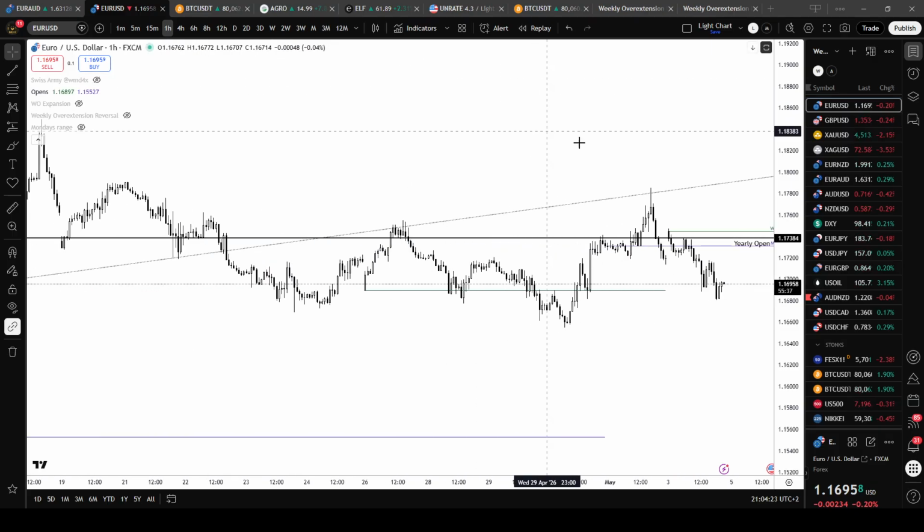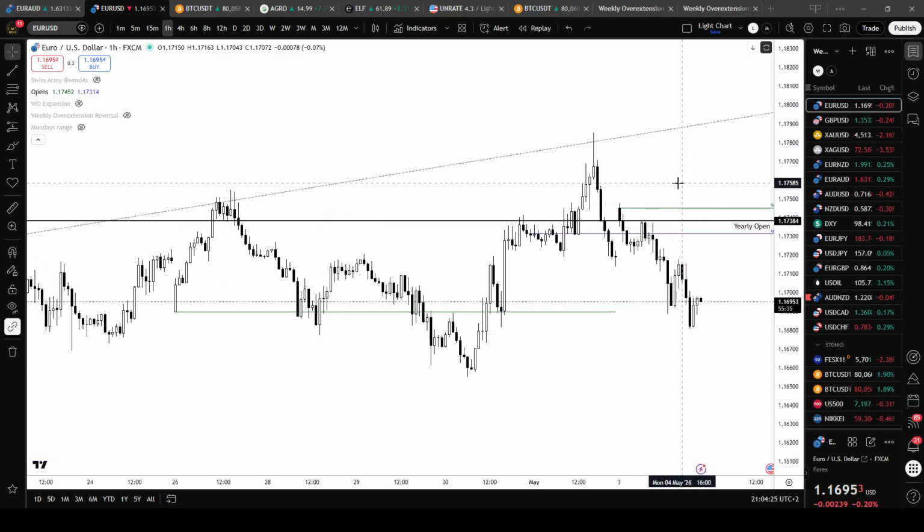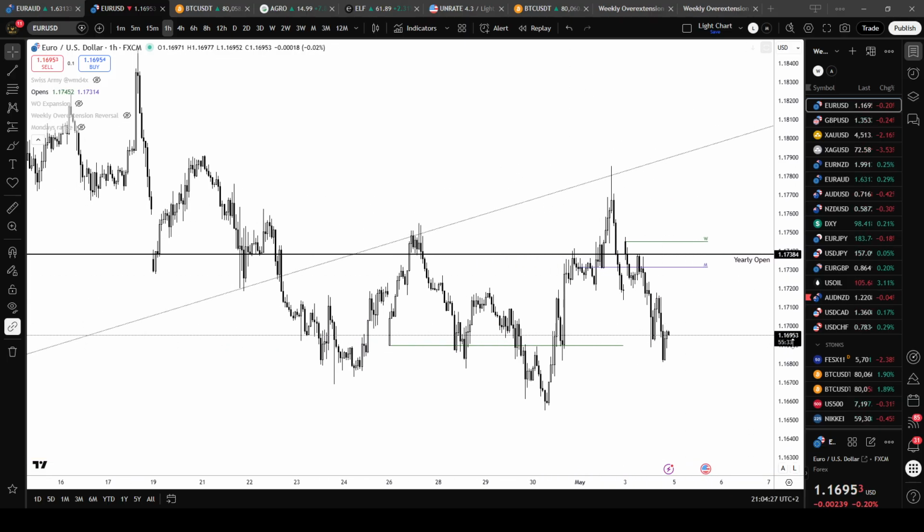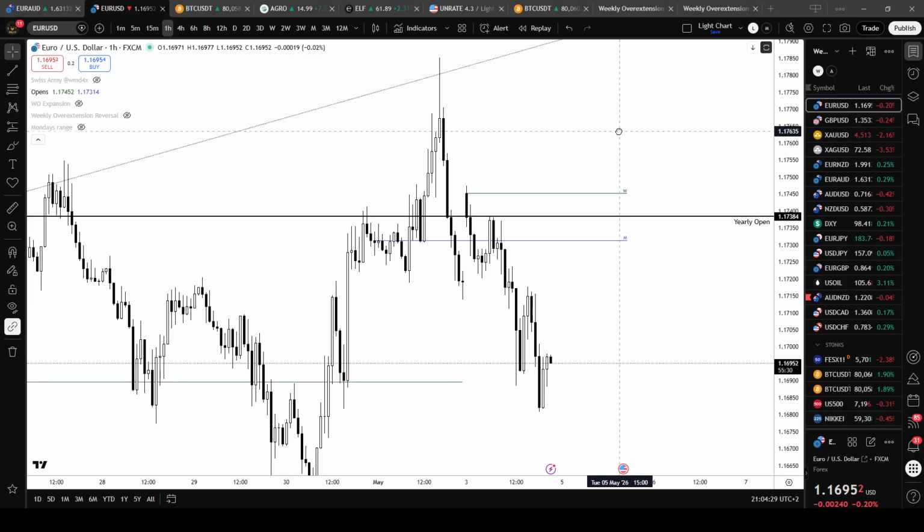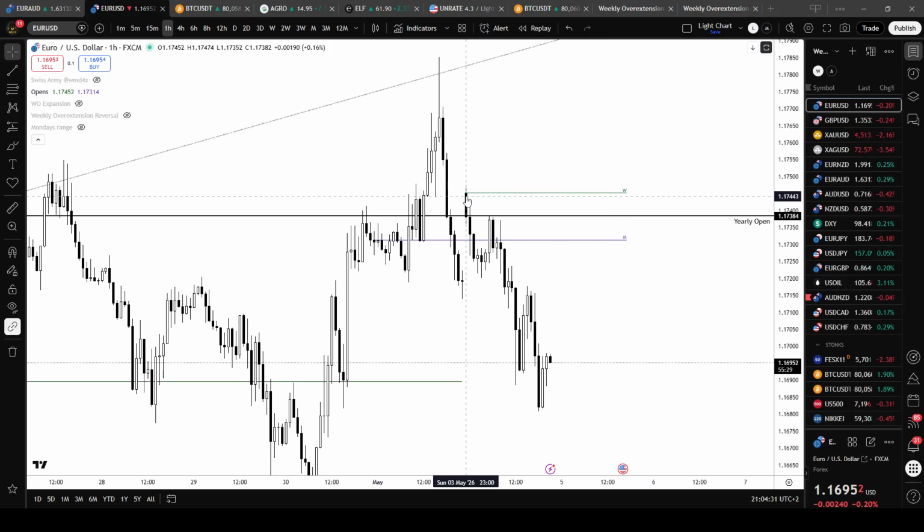So what are my plans? Well, today we've opened with a gap to the upside and we've sold off. We've filled this gap completely, even though we had some reaction here.